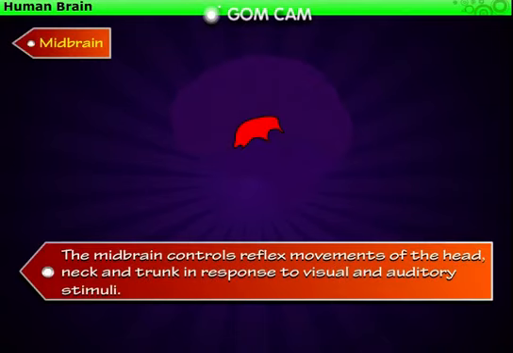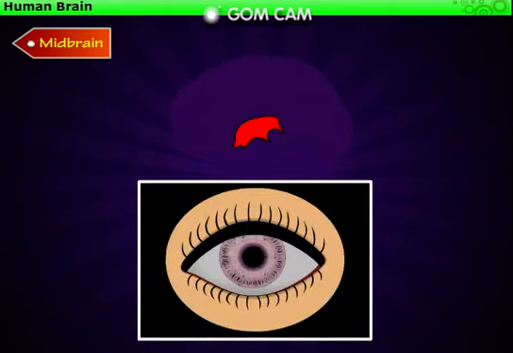The midbrain controls reflex movements of the head, neck, and trunk in response to visual and auditory stimuli. It also controls the reflex movements of the eye muscles, changes in pupil size and shape of the eye lens.